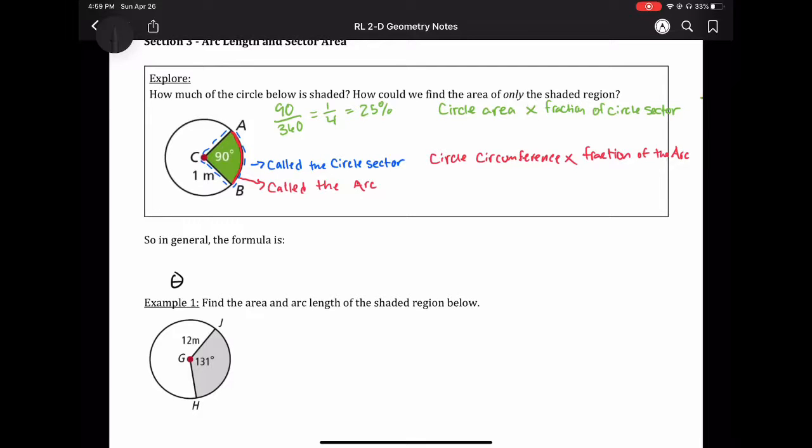That theta is what we're going to use to represent the number of degrees in our circle sector. So we have theta is equal to the given measure of the circle sector. And we'll need to know that for both of our formulas.